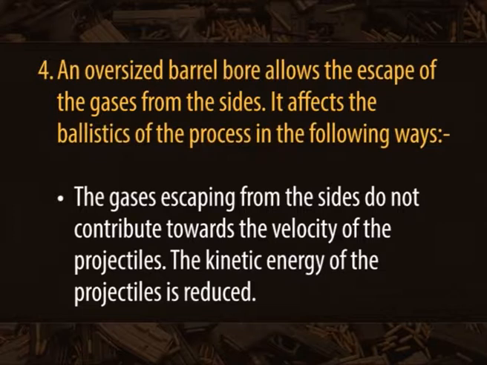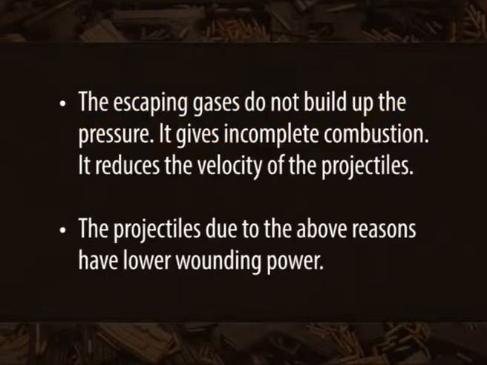The gases escaping from the sides do not contribute towards the velocity of the projectiles. The kinetic energy of the projectiles is thus reduced. The escaping gases do not build up the pressure. It gives incomplete combustion. It reduces the velocity of the projectiles.